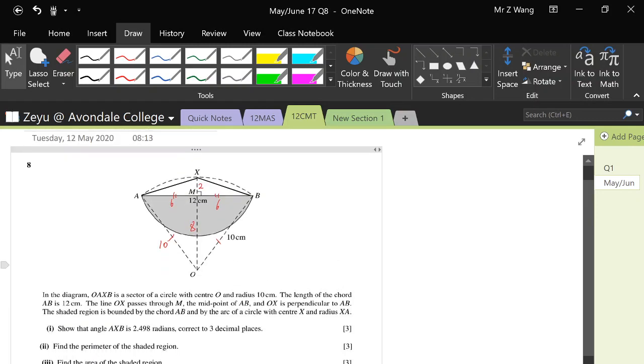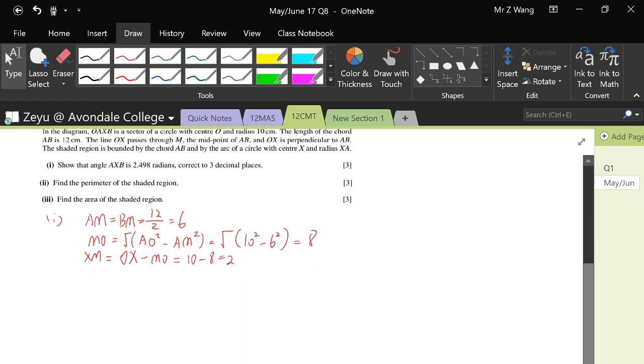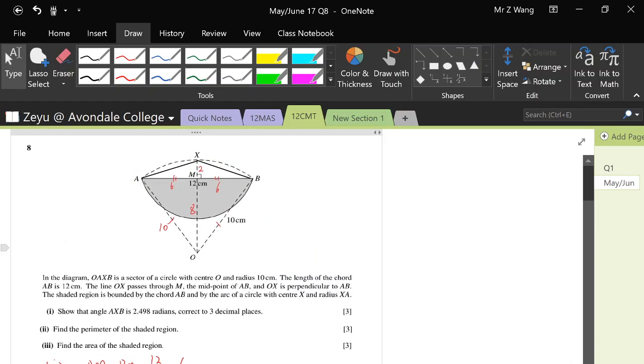That means we can directly use tangent. So angle AXM.